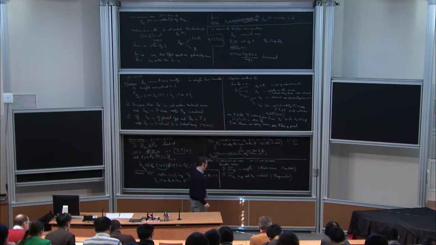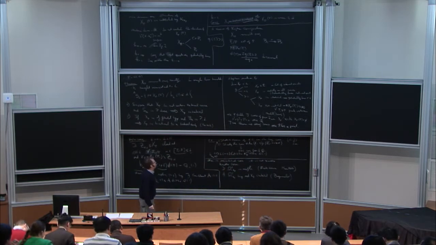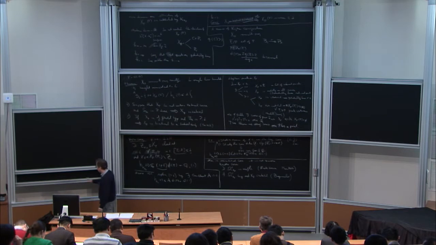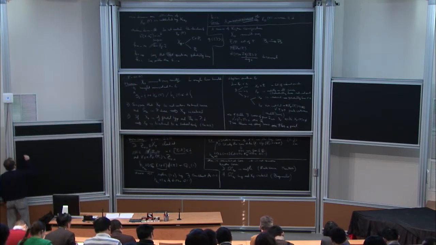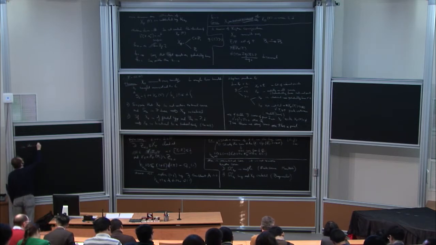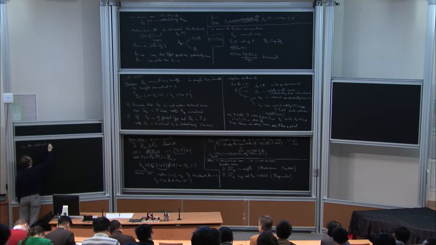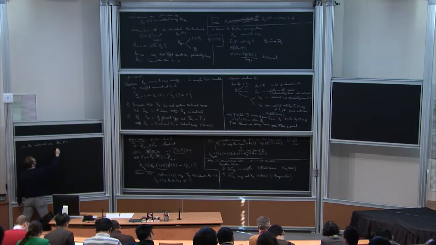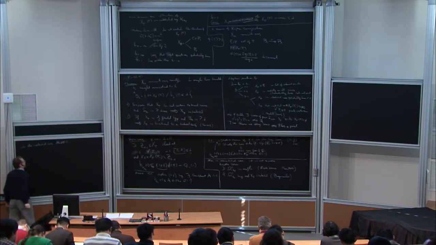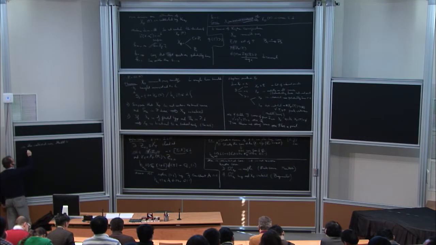Okay, let me say, just to show why this is the second theorem, in the isotrivial case the weak Vojta conjecture is the following.